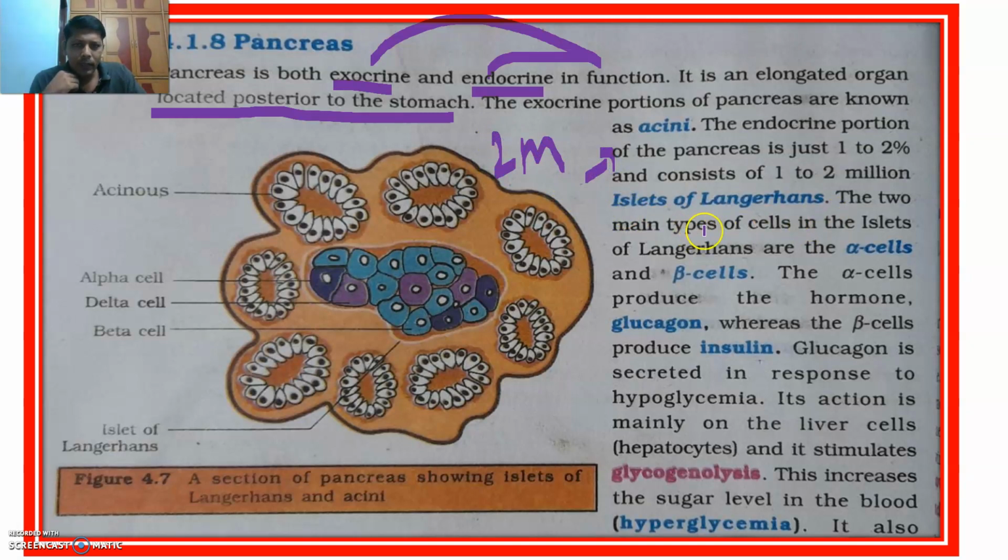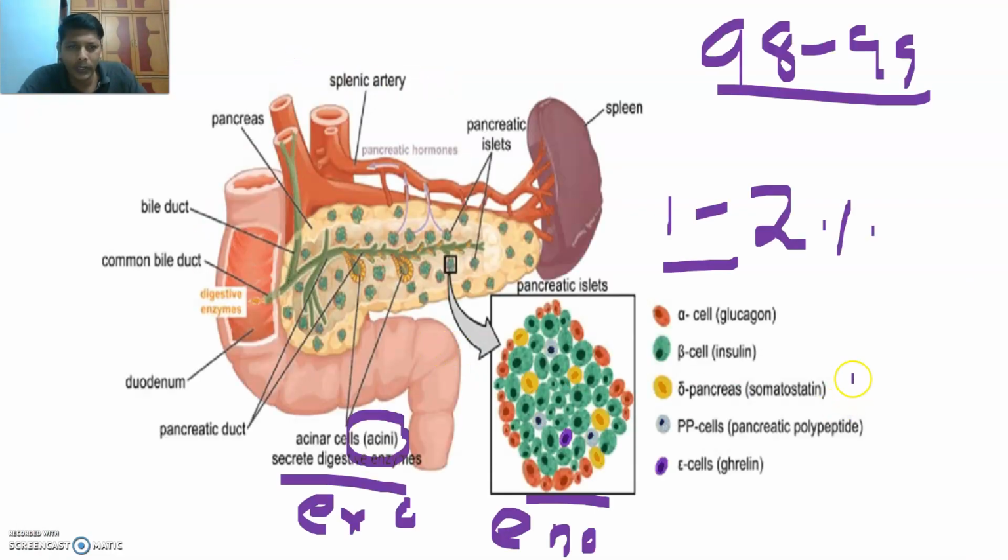Now the two main types of cells. There are many different types of cells present in the islets of Langerhans. The two main types are alpha cells and beta cells. Alpha cells produce a hormone called glucagon, whereas beta cells produce insulin, very important one.